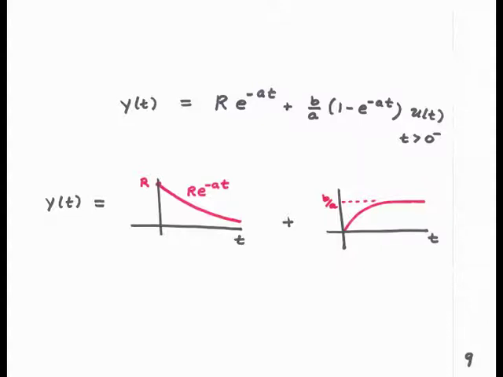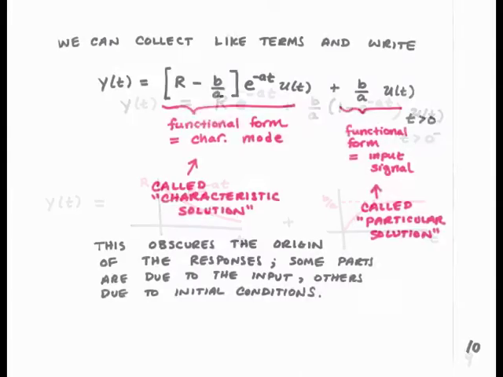Now you'll note that both the zero input response and the zero state response contain the term e to the minus at. So we can collect these terms and write this solution instead as y of t is the quantity r minus b over a times e to the minus at u of t plus b over a times u of t.